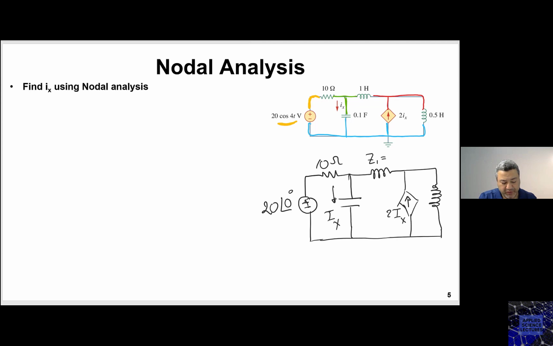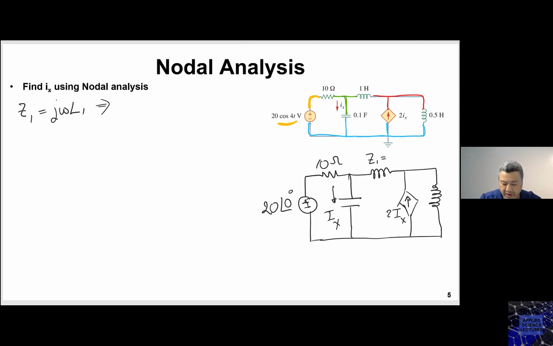So Z1 here for me is j omega L1. Do I know the omega? Do I know the frequency for my circuit? Yes, that's correct. The frequency is 4 radians per second.